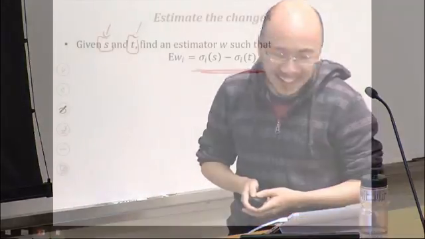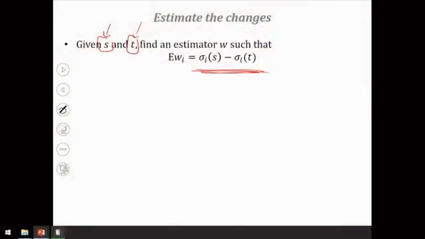It turns out, we spent a lot of time on this problem, and the solution is very simple. The solution is, instead of using dimension reduction to estimate the leverage score, you estimate the change of the leverage scores.